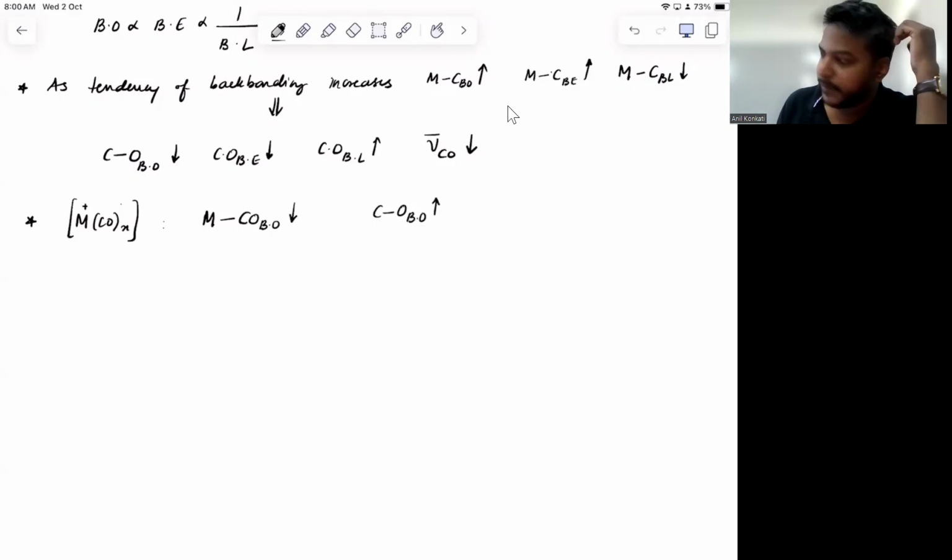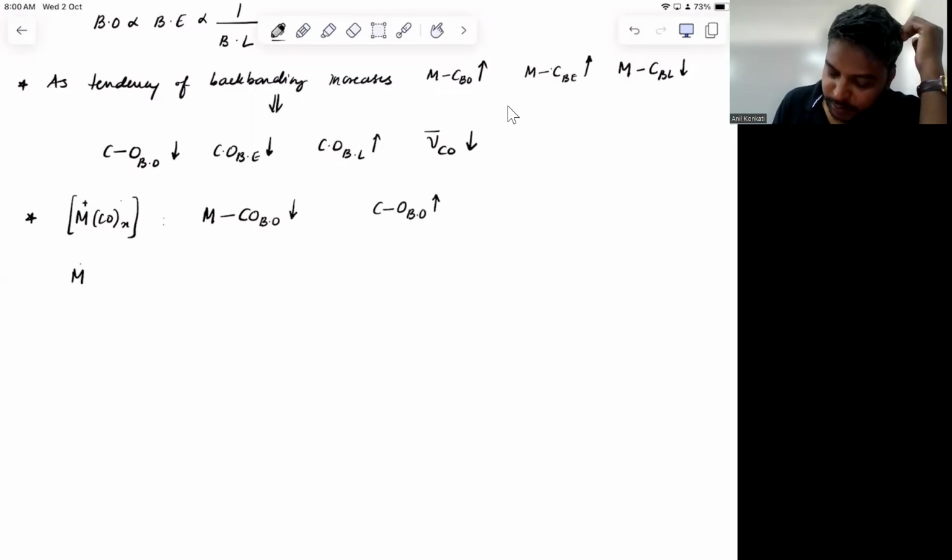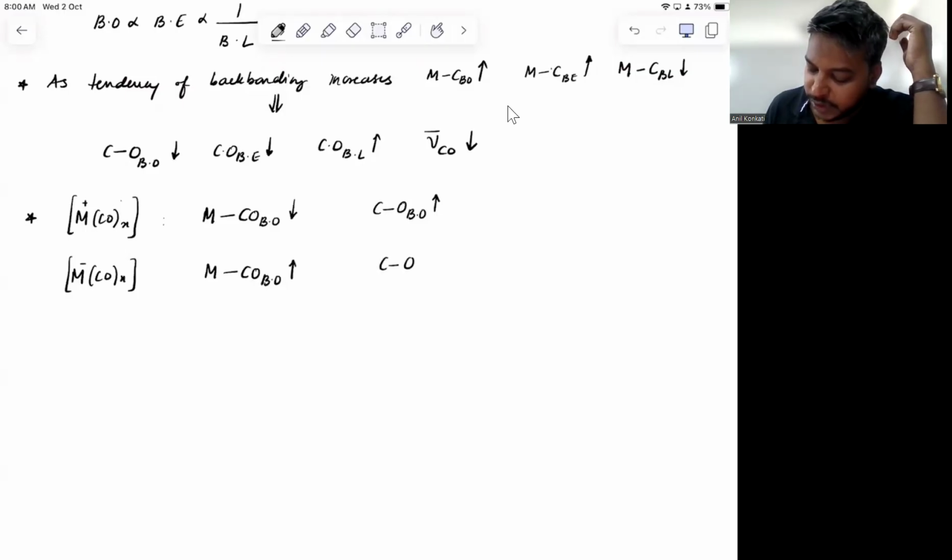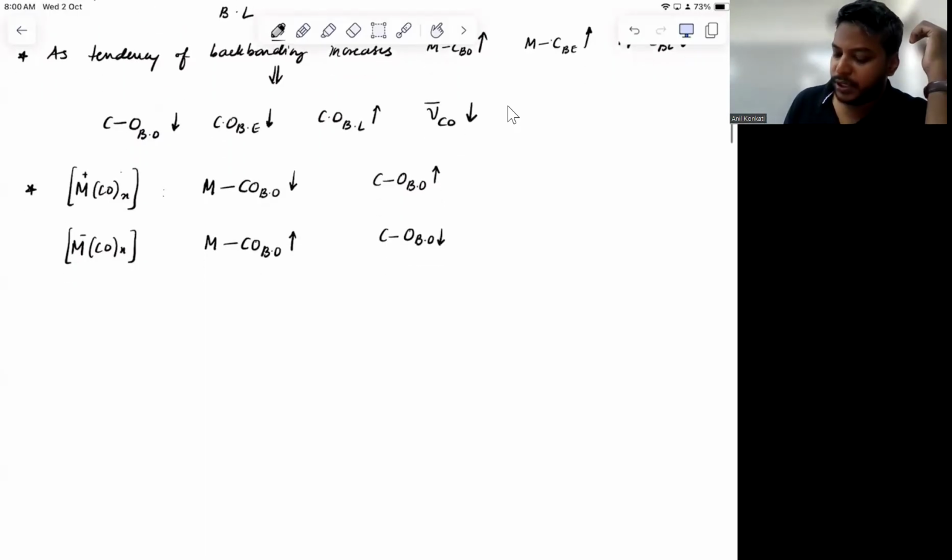Understood what I'm saying? Same way, if you have negative charge on the metal, if you have some extra negative charge, then metal carbon monoxide bond order would be more, which decreases carbon oxygen bond order, right?